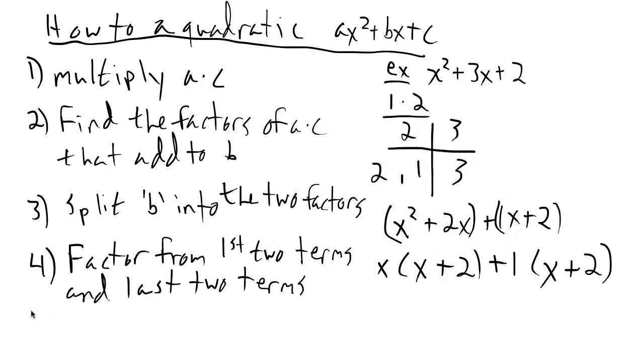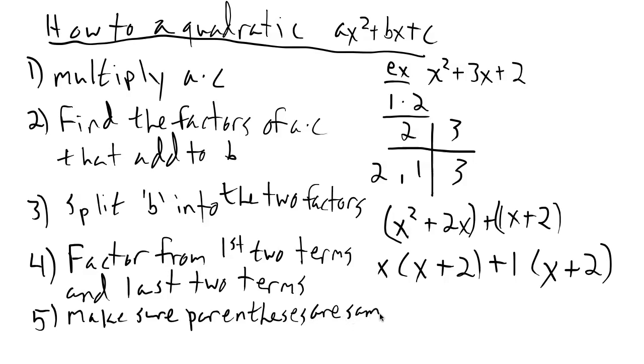Step 5, you want to make sure your two terms in parentheses are the same. So we have x plus 2 and we have x plus 2. We're all good to go with that. Step 6 is going to be pull out the parentheses and combine what's remaining.